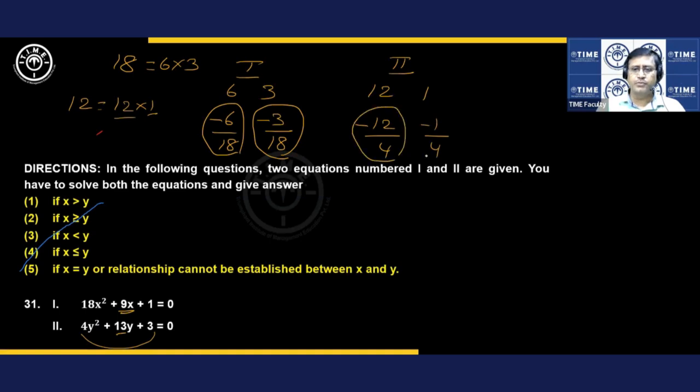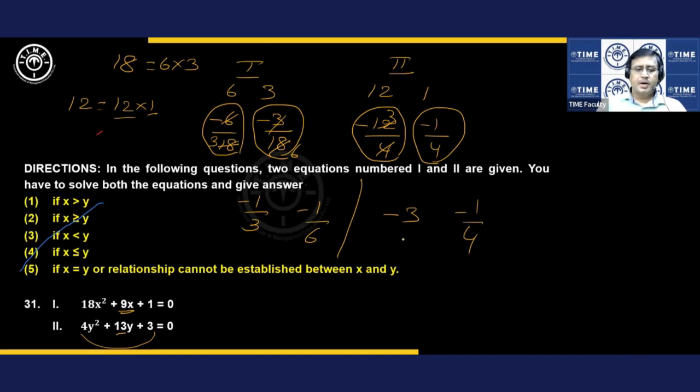So these are the roots of the second quadratic equation. 6 goes exactly 3 times. So minus 1 by 3, minus 1 by 6. Signs are negative. 4 goes exactly 3 times. So minus 3 and minus 1 by 4.